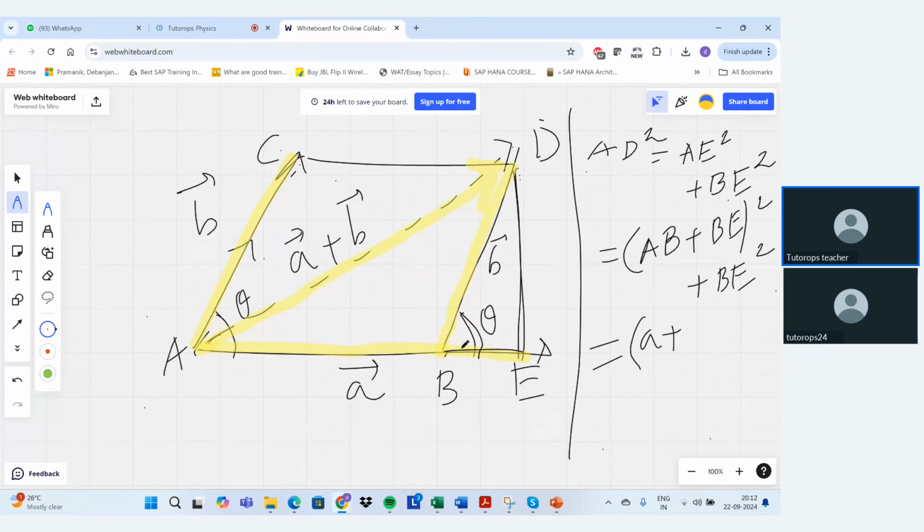Because BE by B is equal to cos theta. So BE is equal to B cos theta. Fine. Plus now the DE component, DE square. Okay, sorry, I have written it wrong. So this will be DE square, very sorry. This will not be BE. This will be DE.